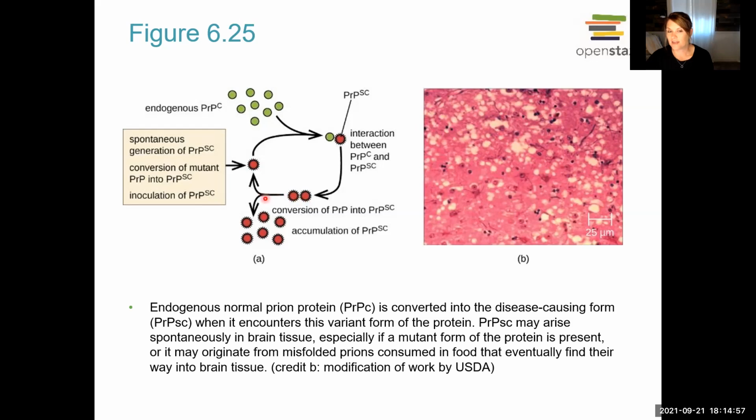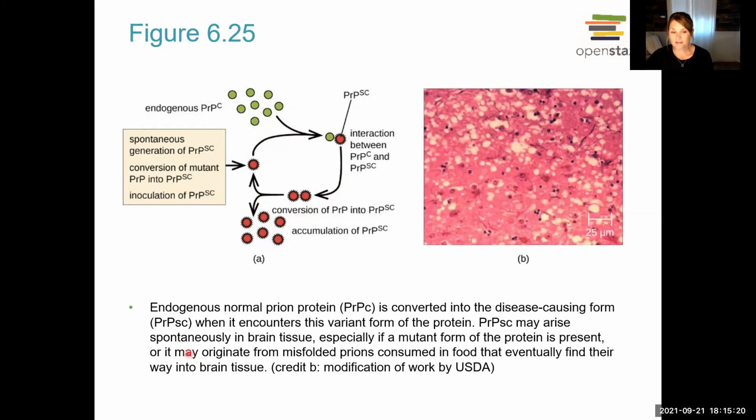Those will replicate, and they'll keep doing it as the normal proteins come into contact with the scrapie proteins. Then you get this accumulation of scrapie prions, and that's how you get these plaques. Eventually that will lead to all kinds of issues when you start losing brain tissue.